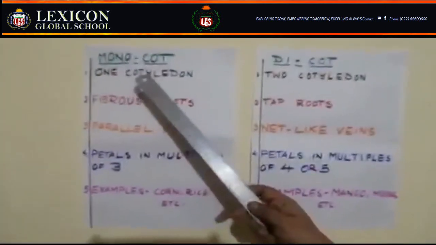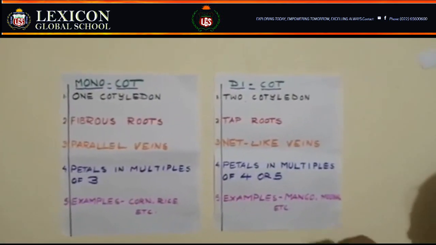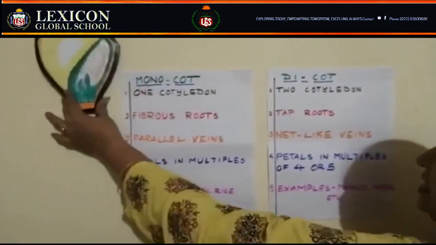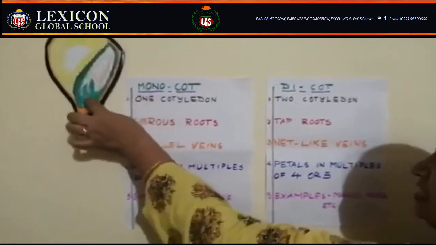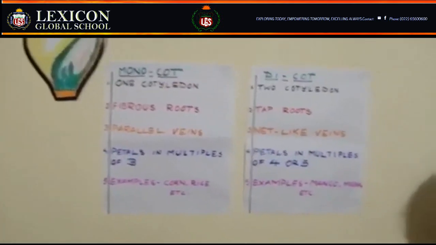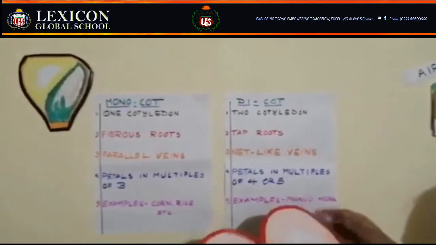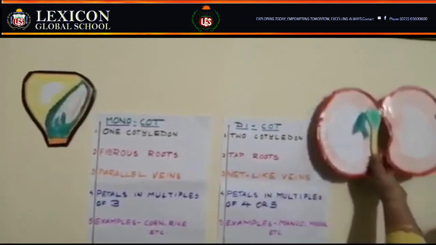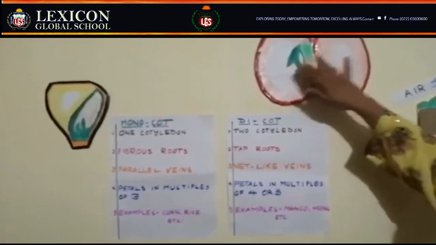Monocot has only one cotyledon. As I have made the picture of monocot, I will stick this picture here. Okay, so monocot has one cotyledon as compared to dicot. Dicot has two cotyledons.